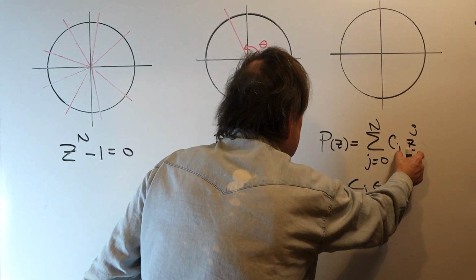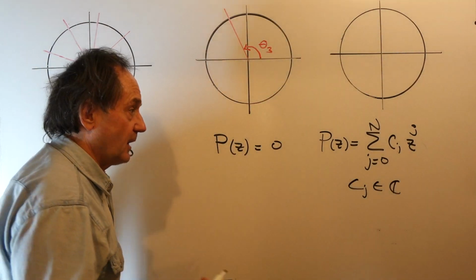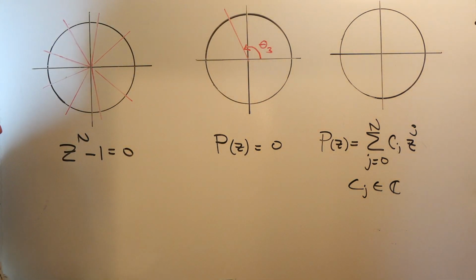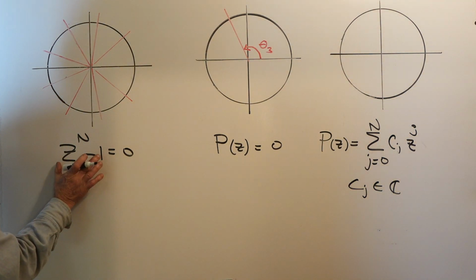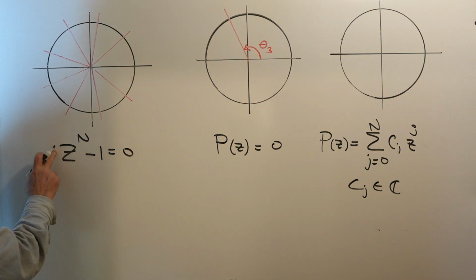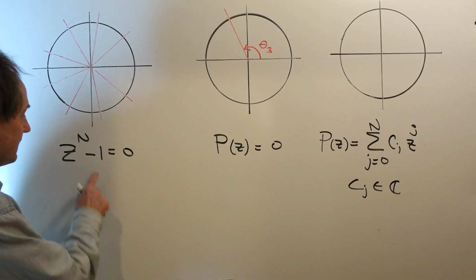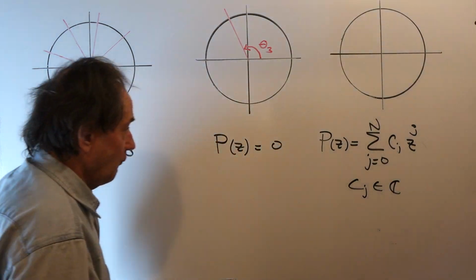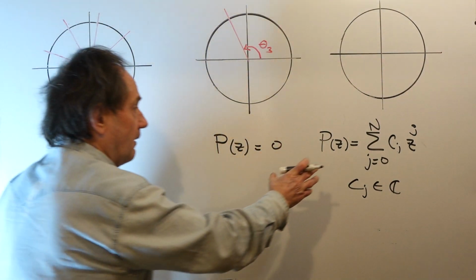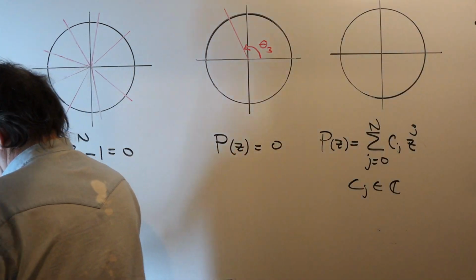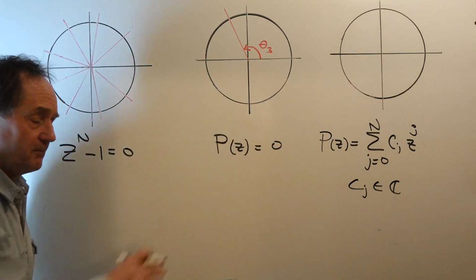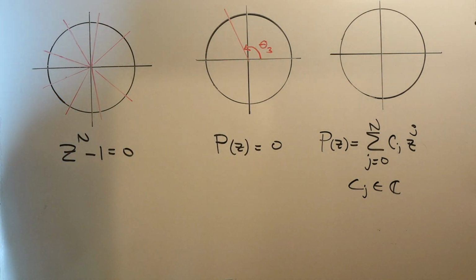That is, the coefficients here could be complex numbers in general. But in this case, our coefficients are just real numbers, 1 in front of the z to the n and the constant coefficient being a minus 1. So we're looking at a special case of the more general polynomial. And I'll discuss a little more about this at the end of the video on some of the theory regarding polynomials and finding the roots.